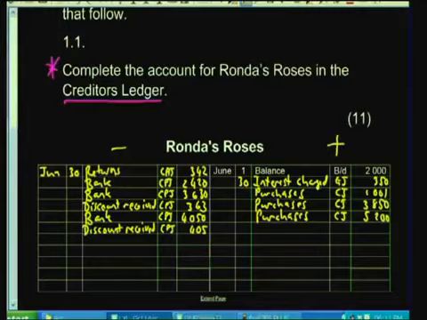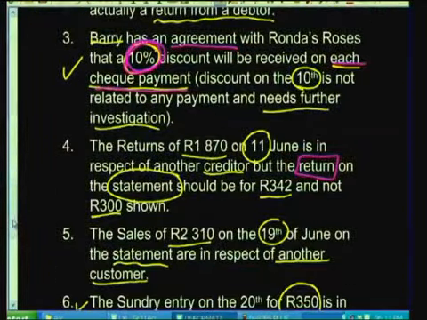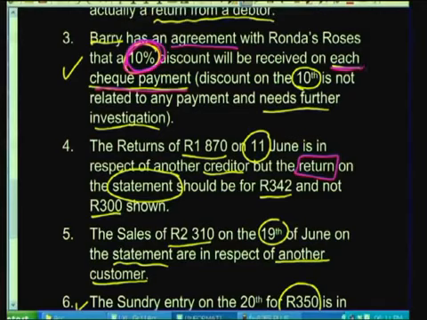But I've just noticed something, and I wonder if anybody's noticed it as well. Remember that our information book stated very clearly that every single check payment that is made will contain a 10% discount.